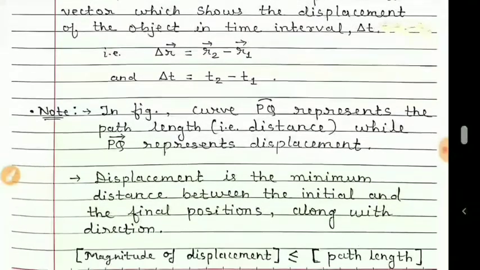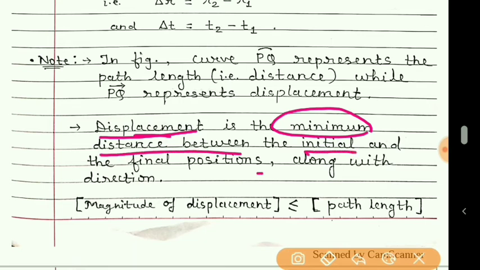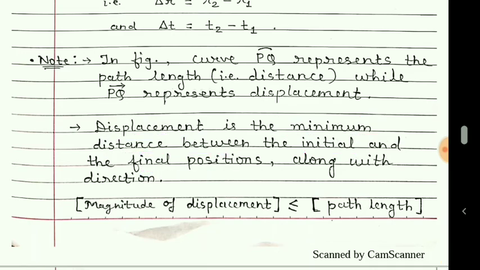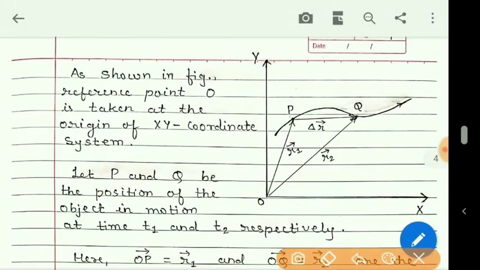This vector PQ is nothing but a straight line from P to Q, and it is clear that displacement is the minimum distance between the initial and the final positions, because whenever we draw a straight line from P to Q, that will be the minimum distance between P and Q. If we consider this distance, it is larger than this straight line.